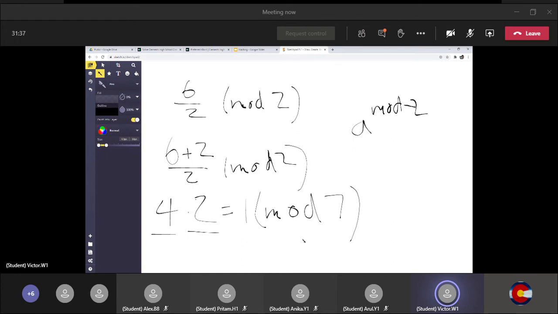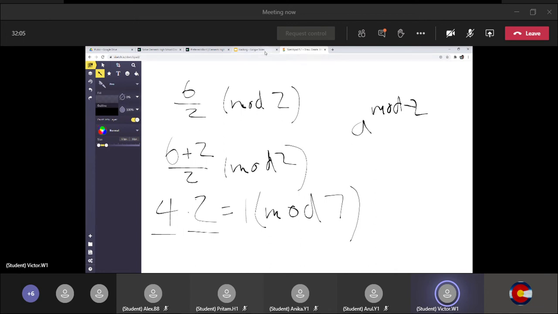So dividing by a number is equivalent to multiplying by its modular inverse. I hope this equation is apparent: we're trying to get rid of this, so we can just multiply by this instead, because these multiply to 1.